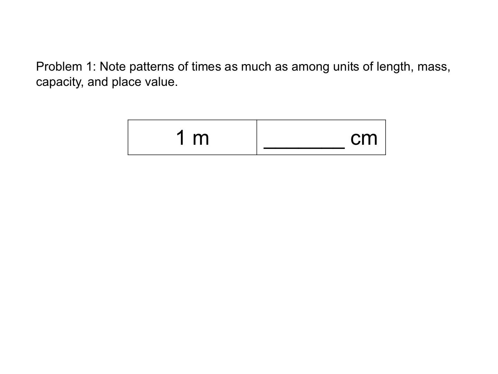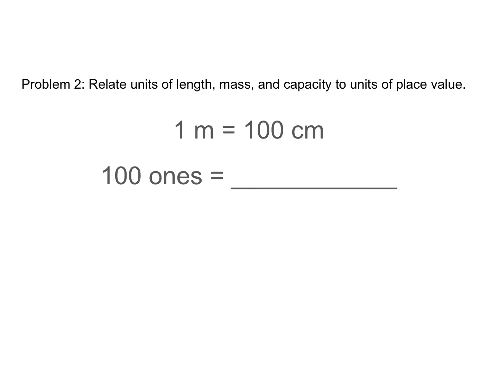So length, we're going to start off with, and we can measure that in meters. 1 meter is how many centimeters? You should already have been thinking this as you looked at it. That's 100 centimeters, right?